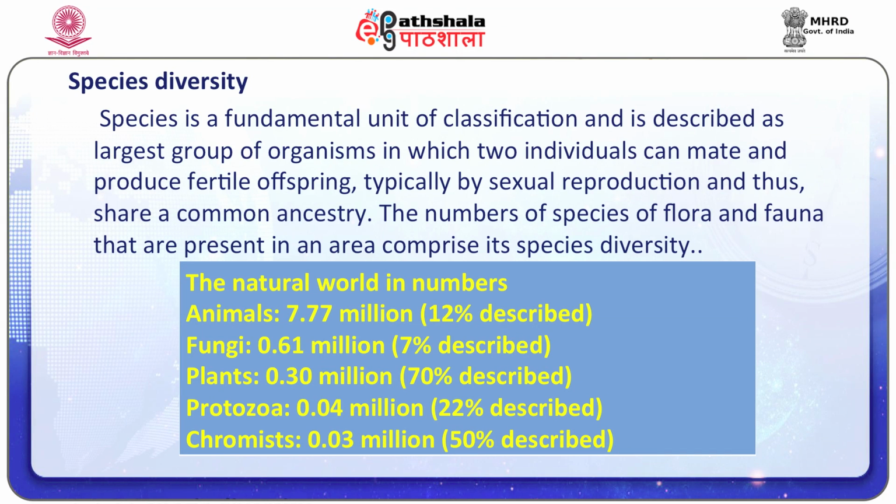2. Species diversity. Species is a fundamental unit of classification and is described as largest group of organisms in which two individuals can mate and produce fertile offspring, typically by sexual reproduction, and thus share a common ancestry. The number of species of flora and fauna that are present in an area comprise its species diversity.